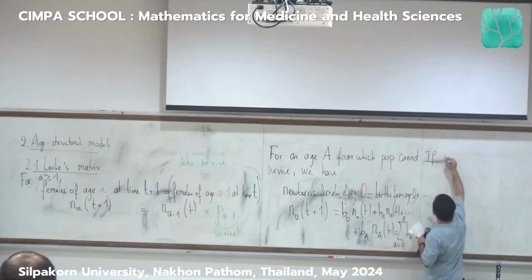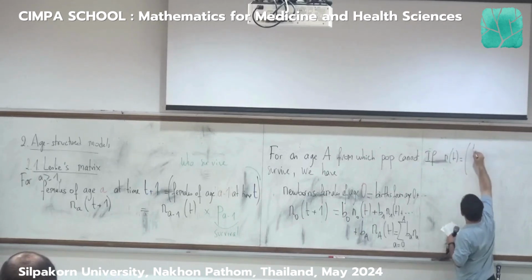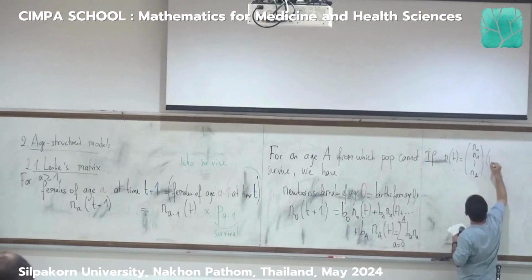So if we denote n of t, the vector can be n0, n1, up to nA at time t.